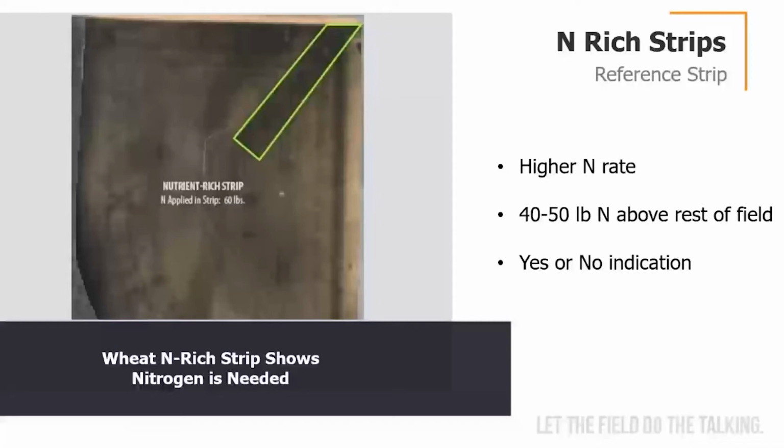However, if the strip is not showing up and it's not visible, it's saying no, the field does not need extra nitrogen right now at this time. Maybe we come back and check in a few days. It's one of the most simple forms of precision agriculture that a producer can adopt. And it helps us in communicating to you if and when nitrogen is needed, which is key to growing a successful crop.